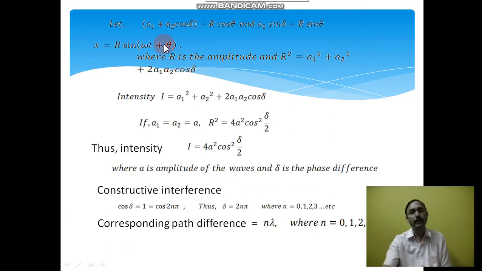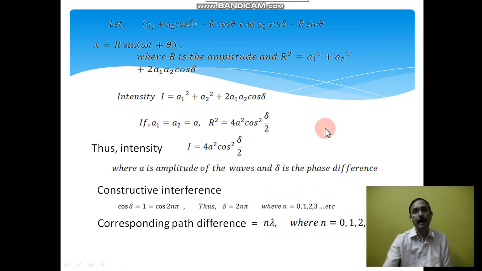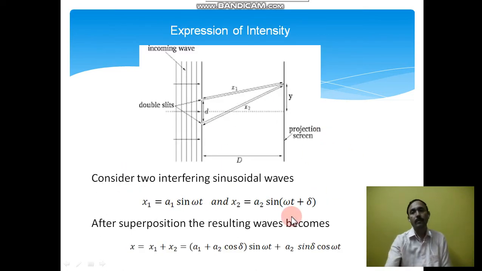Now let us consider A1 plus A2 cos delta is equal to R cos theta, and A2 sine delta is equal to R sine theta. So putting these two into this equation, this one is R cos theta sine omega t, and this one is R sine theta cos omega t.